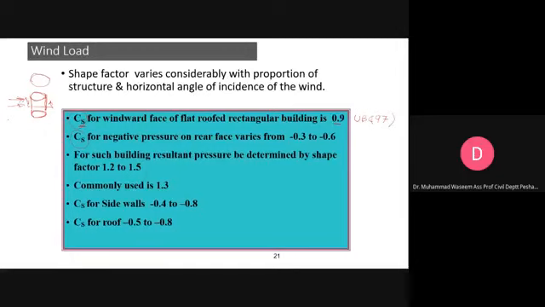The Cs value is different for the windward side, different for the leeward side, and different for the sides of the building.